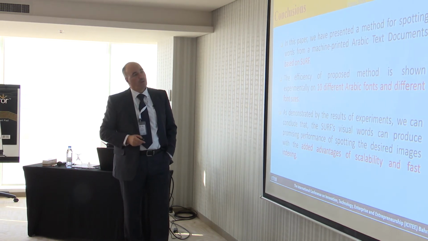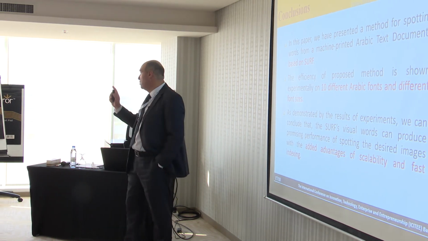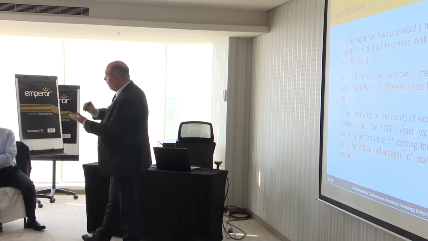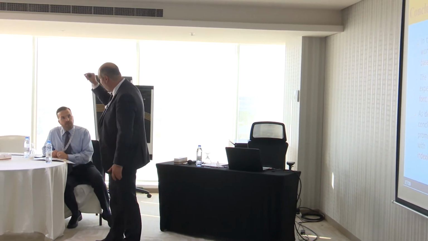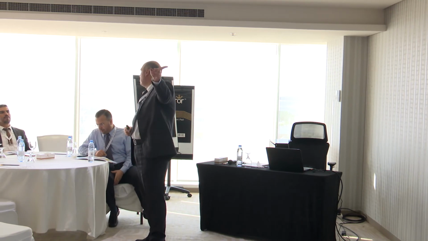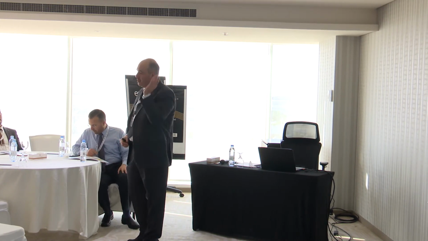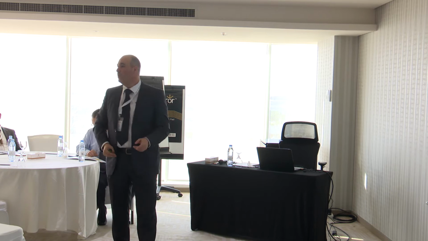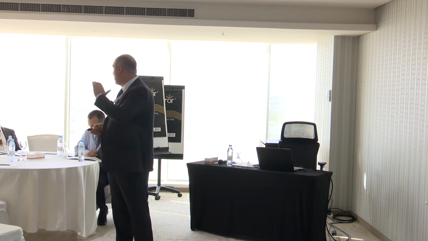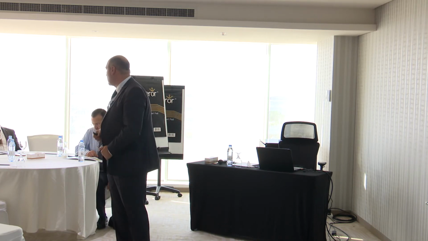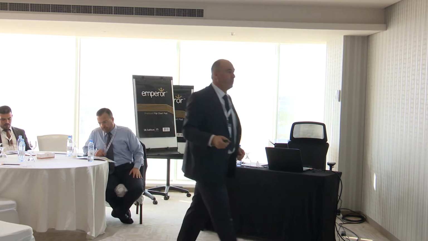It's worth mentioning here that if I use the same font, multiple papers with the same font, same size, the accuracy will rise to over 90. So I chose to work on different fonts, different sizes, to make it as hard as possible to test my work.